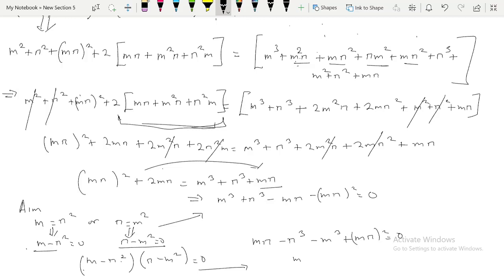I multiply this by 0, I have m cube plus n cube minus mn minus mn all squared equals to 0. Can you see? So when you expand this, you will get this. So you can factorize this to be like this.